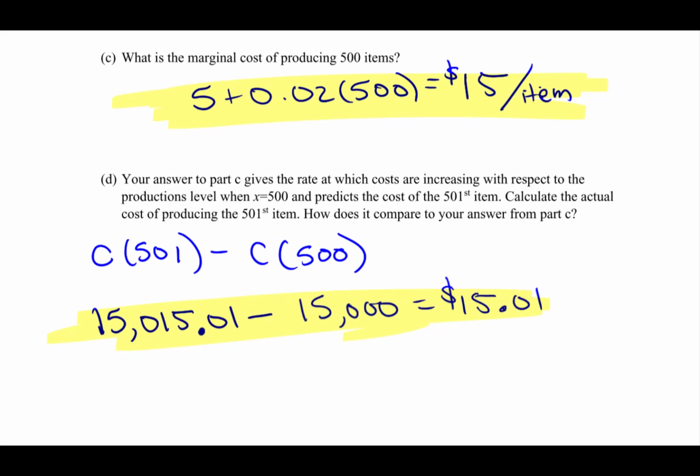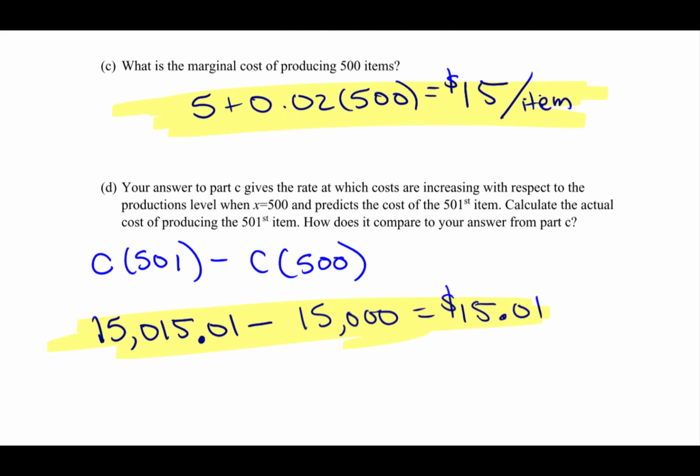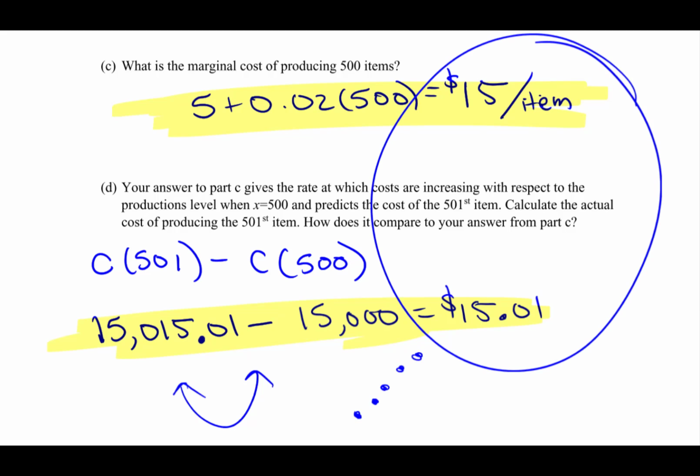If I was to graph this function, it would not be a nice smooth curve. It would be a series of points from one item to the next. So it's not actually continuous. We're estimating it as a continuous function so we can do a lot of this calculus work. But in reality, we're going to be a tiny bit off because we don't have a continuous function.